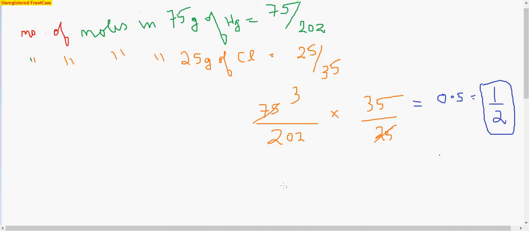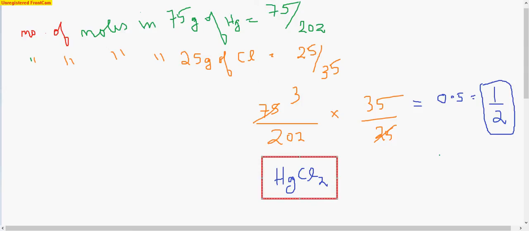We can infer that for one mercury atom we need 2 chlorine atoms. We just divided them, right? So now that is the compound. We have the compound over here, HgCl2. That is the answer for the question.